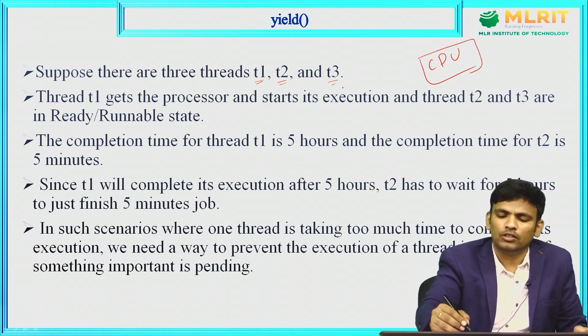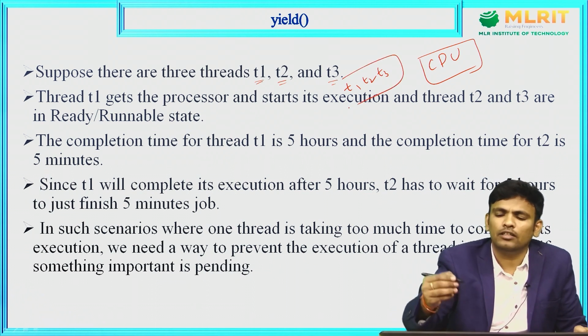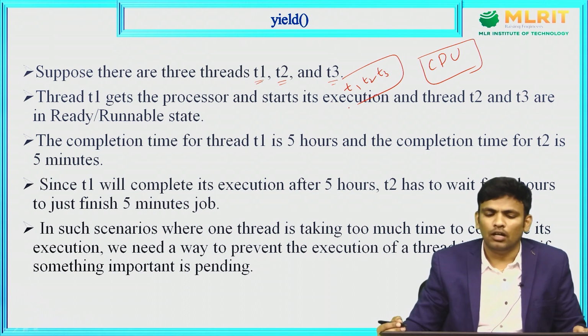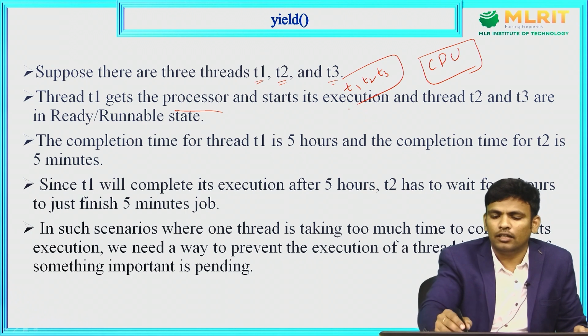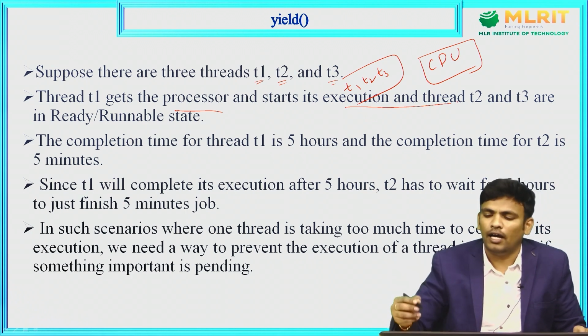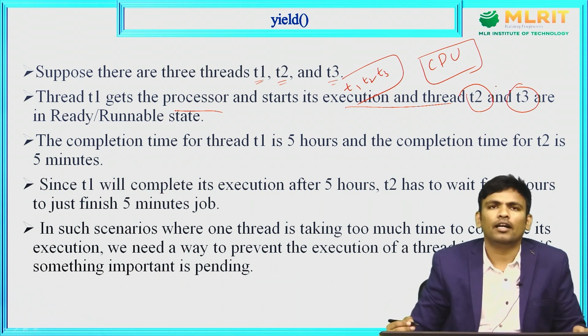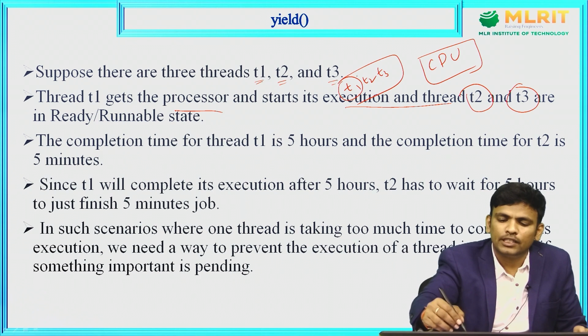T1, T2 and T3 are all in the thread pool, waiting for the CPU. Now assume T1 gets the processor and starts execution, and T2 and T3 are in the ready, runnable state.